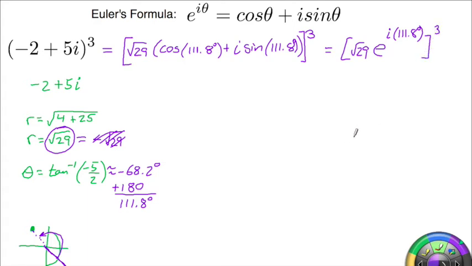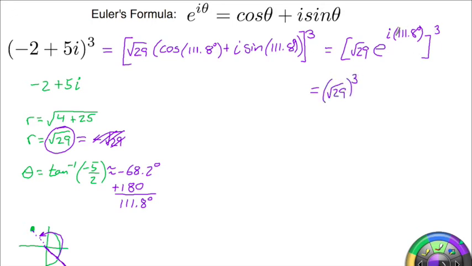Now the nice thing about this is, over here, it's still quite a mess, and you have to memorize a theorem to know what to do with the modulus and the argument and all that mess. Over here, on the right-hand side, after using Euler's formula, everything is law of exponents. So here you're going to take the square root of 29 and raise it to the third power, whatever that's going to spit out.